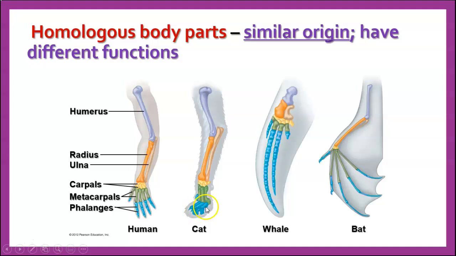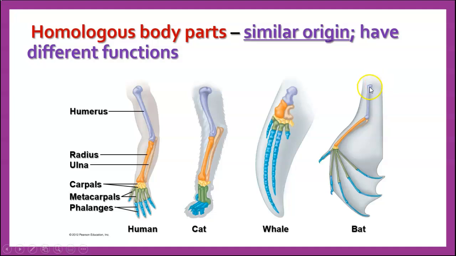They're actually walking on their toes, as opposed to walking on their feet, so to speak. In a whale, again, you see the same pattern: 1 bone, 2 bones, small bones, long bones. Okay, and this limb is adapted for swimming in the water, for navigation and movement.